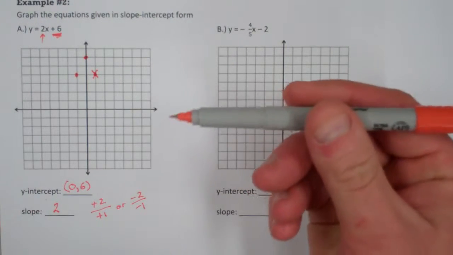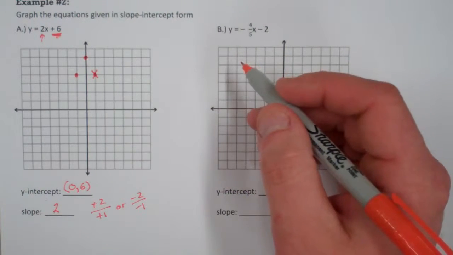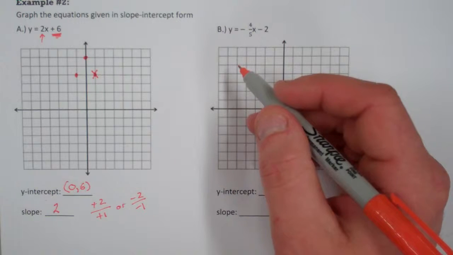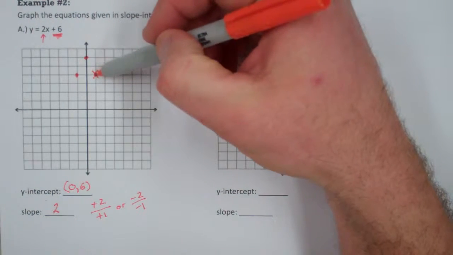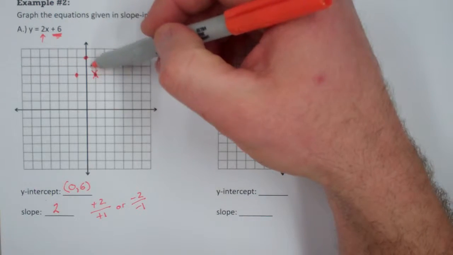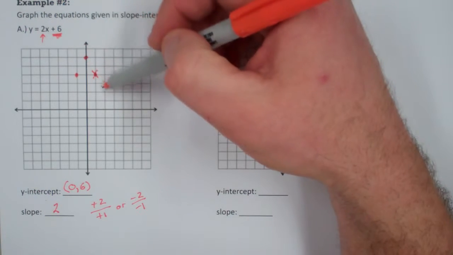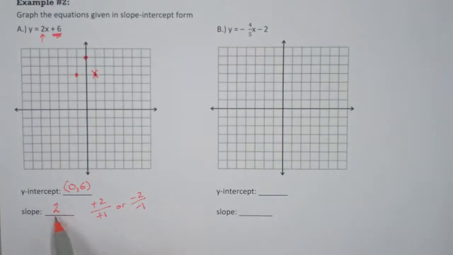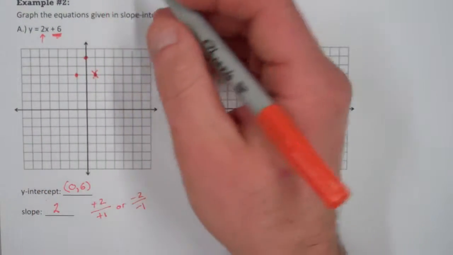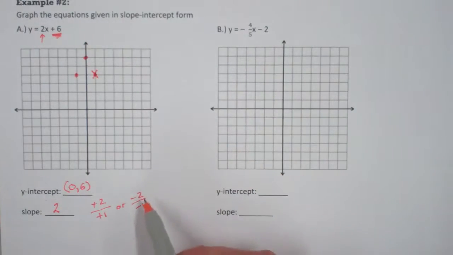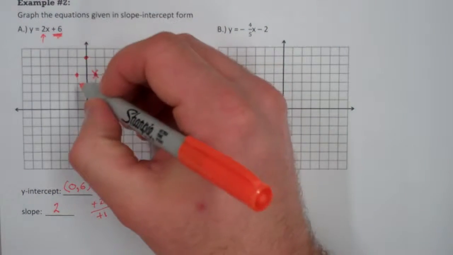Unfortunately, I can't erase this Sharpie. But if you're using pencil, which you should for math, you can just erase that mark. The reason why I put an X through that right away is because I noticed that my line here has a negative slope, but my slope is positive. So it needs to go from left to right, it needs to climb or go up. And I figured out real quick that I made that student error of going down to right 1 when we should have gone down to left 1.